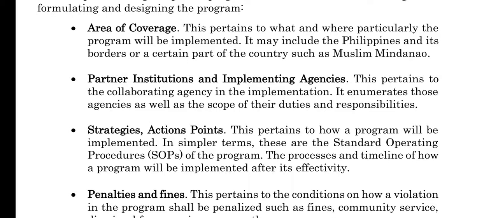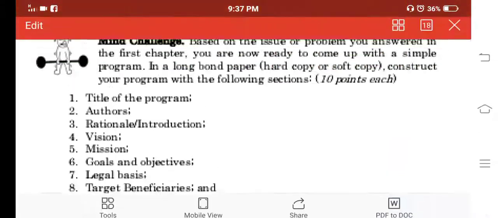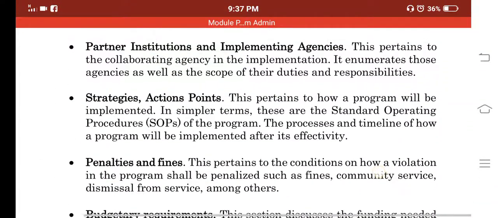So basically, to what particular area in the Philippines you are going to implement this program. If it's for certain local government units, then in what municipality, in what barangay. Very easy. What is the place of the implementation of your program?